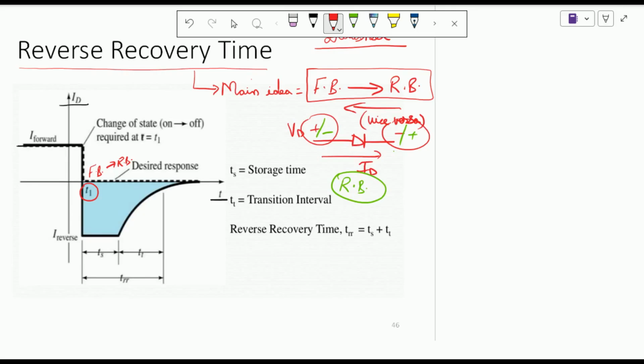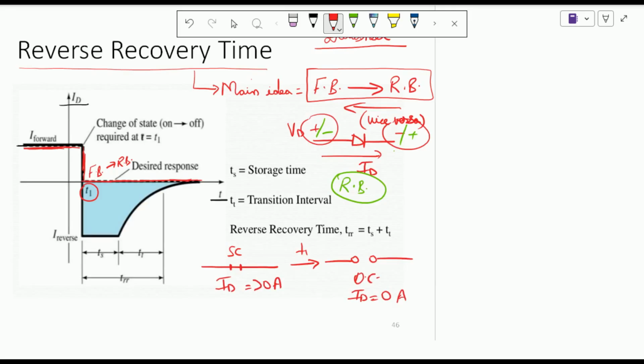Ideally, the diode changes its working from the forward bias, which means that immediately the current is going to come to 0, because in the reverse bias the system becomes an open circuit and no current is going to flow. If the diode was in the forward bias working as a short circuit, when we flip the switch at T1 it will become an open circuit and the current is not going to pass. Here the current should be equal to 0 amps, and before it the current was some value greater than 0 amps.